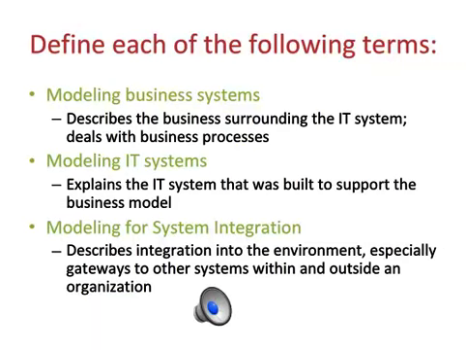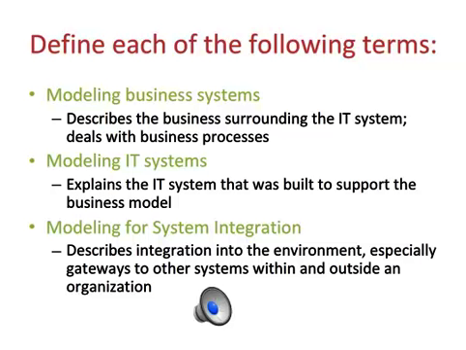Let's distinguish between these terms. Modeling business systems describes the business surrounding the IT system, and it deals with business processes. So as we begin the Hominid project, this is what we're looking at. We're looking at modeling the business systems. After we get the business systems modeled, we look at modeling the IT systems, and these are the systems that support the business model.